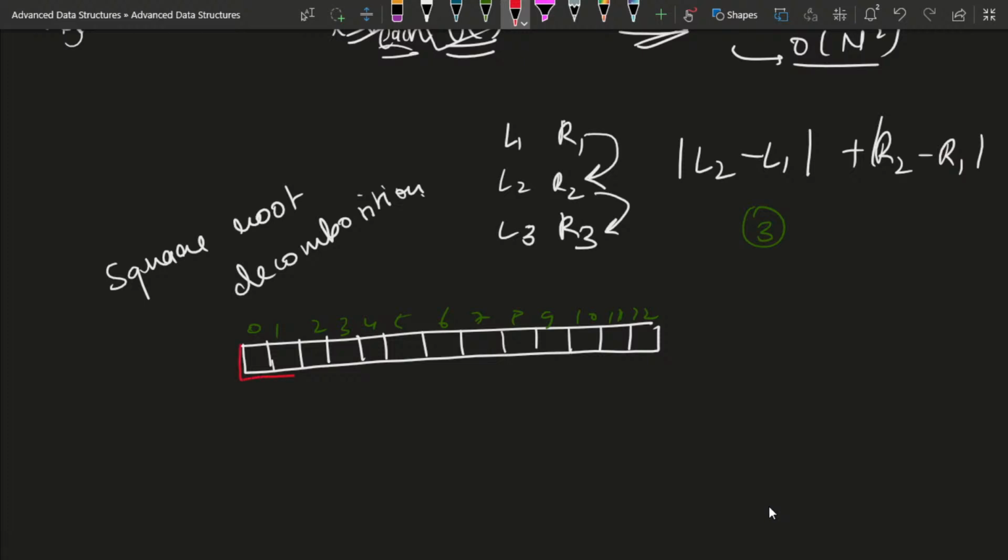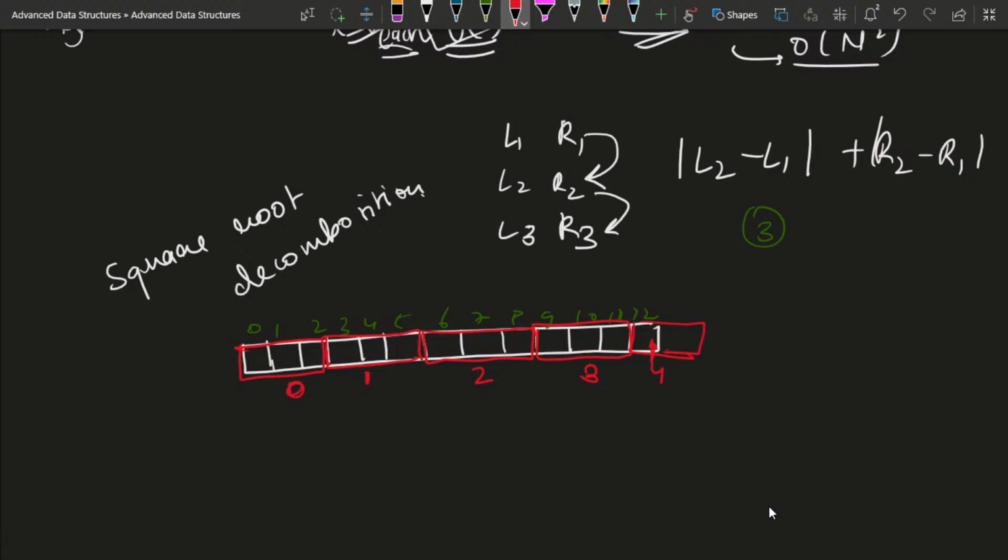So this was my first chunk, this is my second chunk, this is going to be my third chunk, this is going to be my fourth chunk, and this will stand as an individual element, or you can make a chunk for this also. So this is my 0th chunk, this is my first chunk, this is my second chunk, this is my third chunk, and this is my fourth chunk.